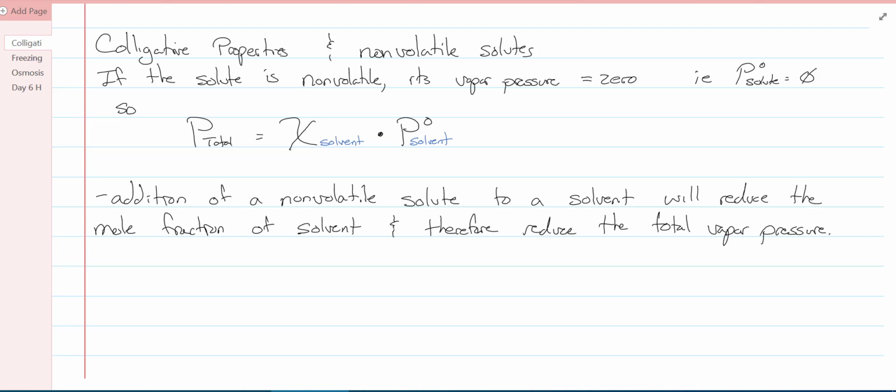All right, so what does this do? This gives us two formulas with Raoult's law. Now this formula we just did is for one liquid and one vapor pressure. One liquid and one vapor pressure.